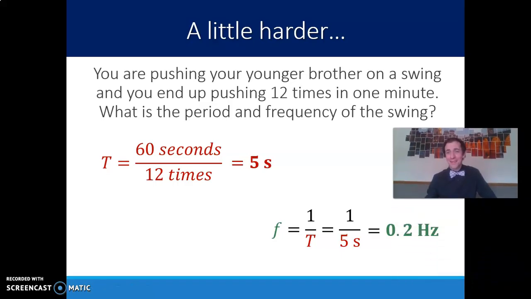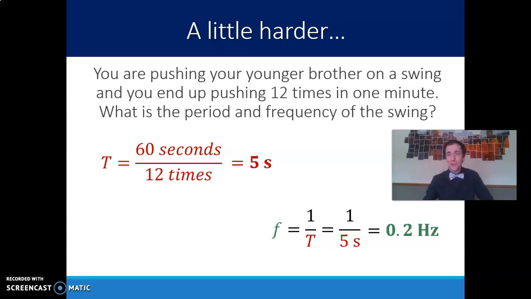Now down below, if I then took that 5 seconds and did 1 over period, I would find that the frequency is 0.2. So it's possible that you might see an example that provides you a number that isn't actually one of the numbers that you need, but can be helpful to find either the period or the frequency. And once you know one, you can easily calculate the other.